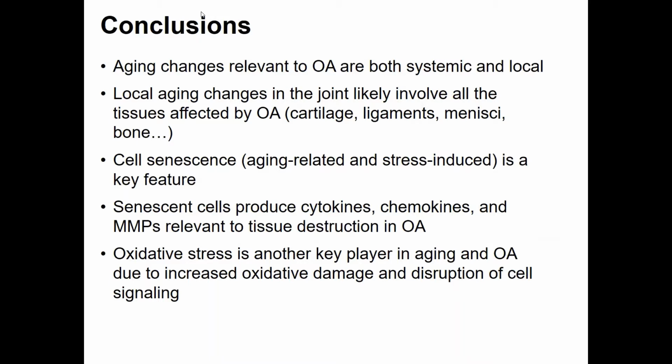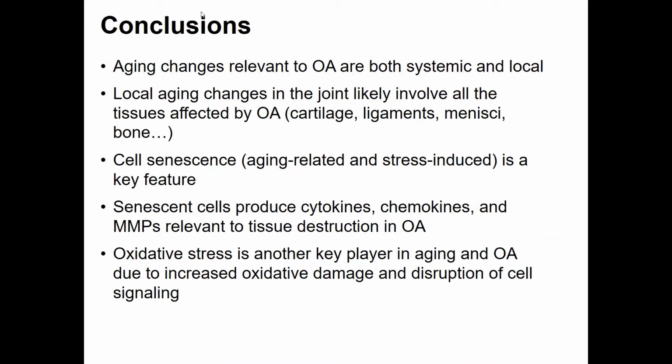And one thought, we talked about the tanezumab study just briefly this morning as an example of a clinical trial. The part we didn't talk about was the progression of osteoarthritis in a subset of people in the tanezumab trial. That's one of the side effects of blocking nerve growth factor: there's a subset of people where their osteoarthritis progresses more rapidly.